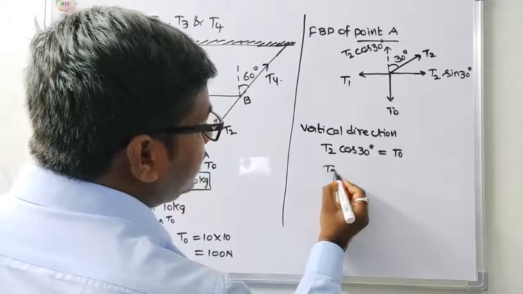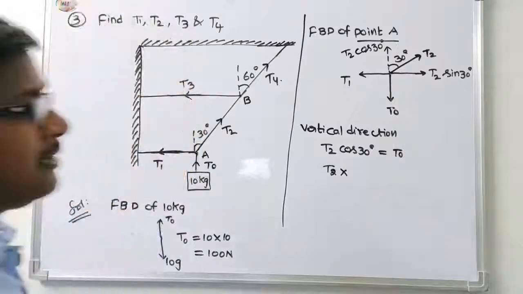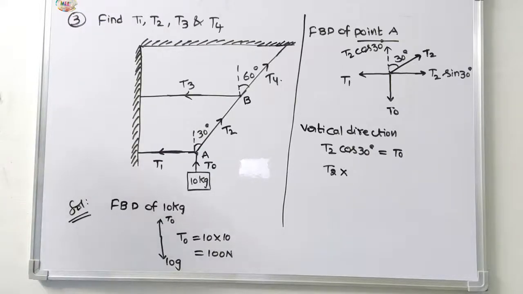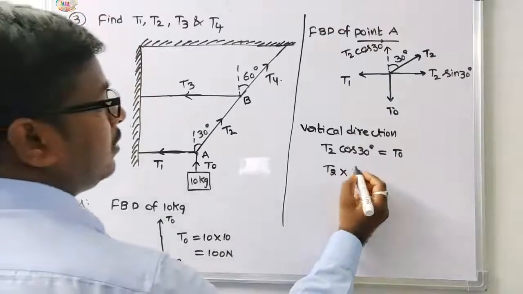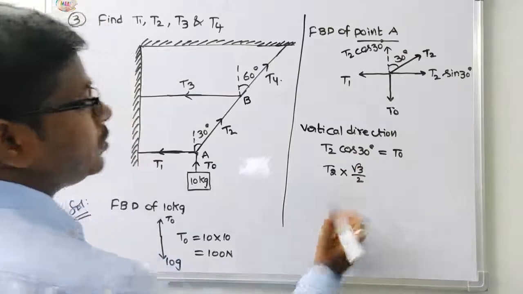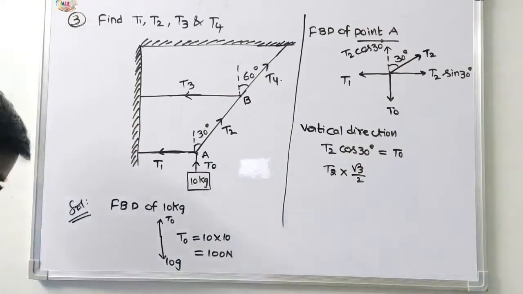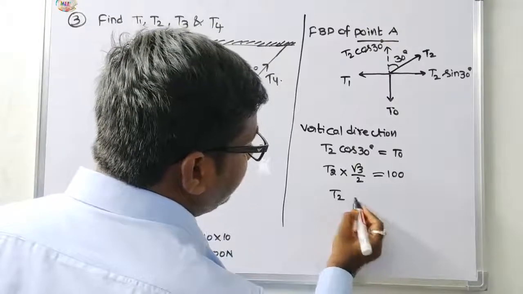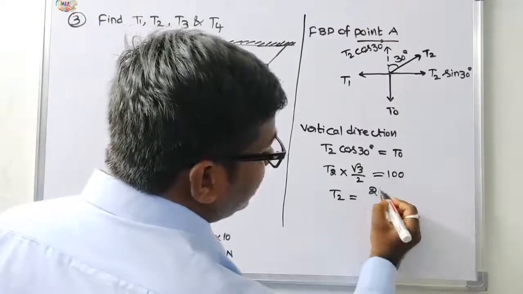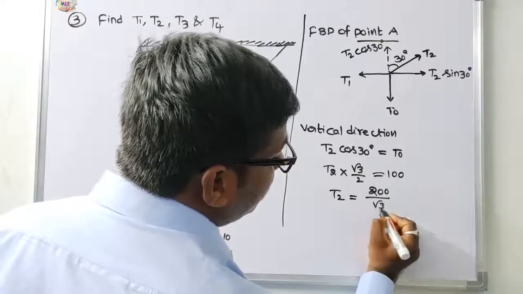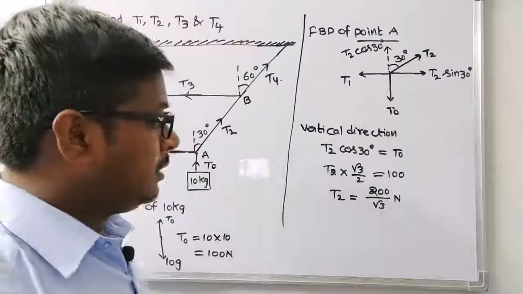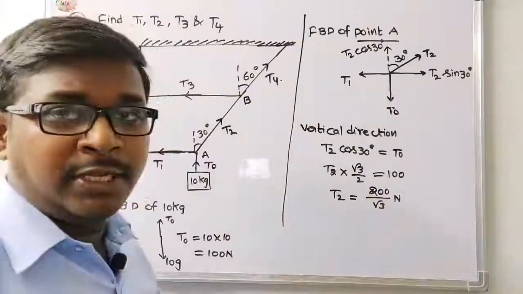So T2 into cos 30, and the cos 30 value is root 3 by 2, is equal to 100. Then T2 is equal to, by cross multiplication, 200 by root 3 Newton.